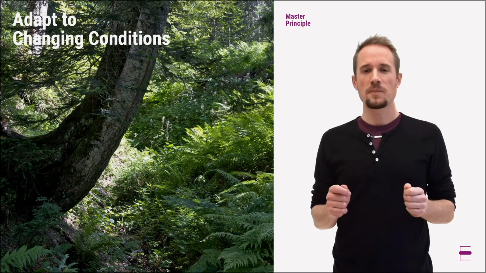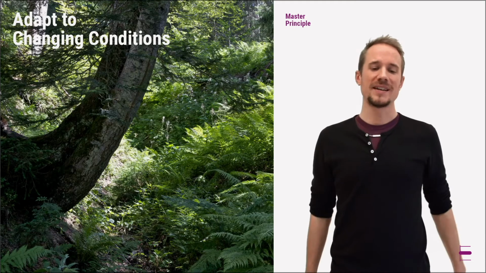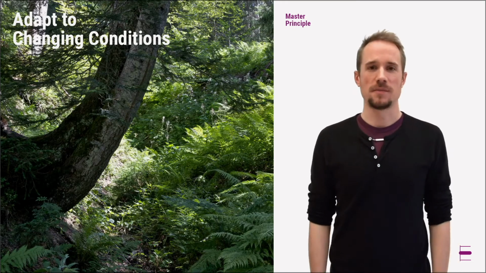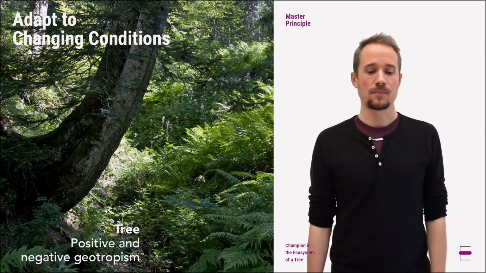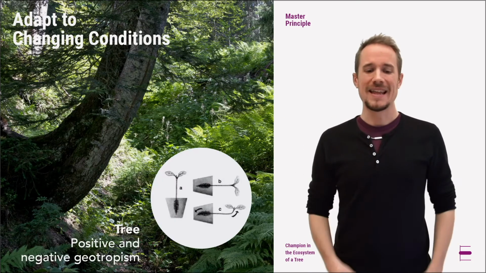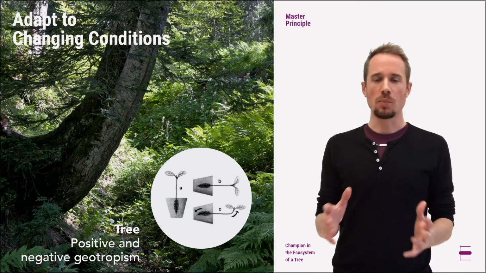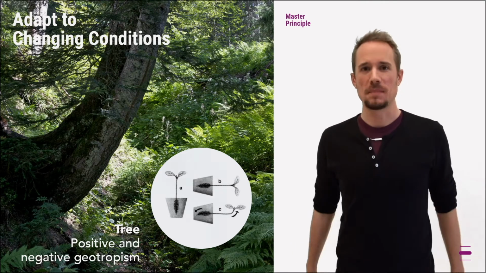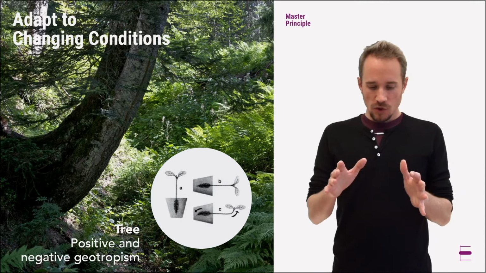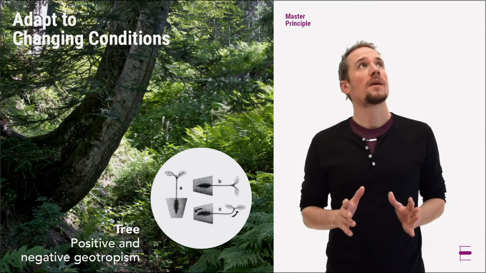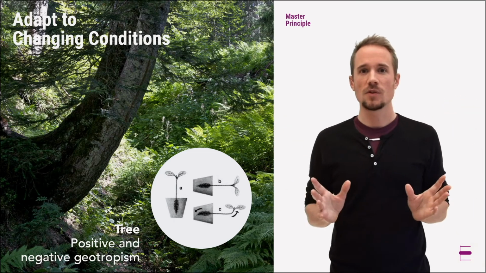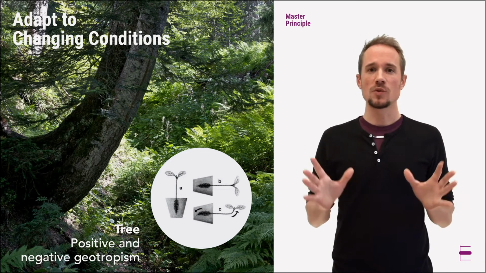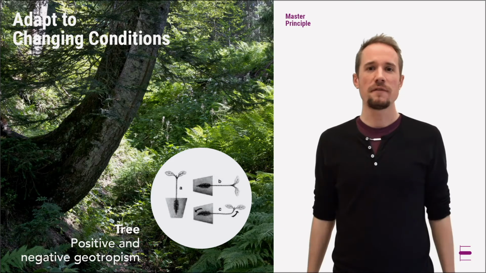So let's start with the master principle, adapt to changing conditions. We'll take the example of our tree and the positive and negative geotropism. What does that mean? So a tree, of course, wants to grow to the light. It wants to get as much light as it can so that it can use its process of photosynthesis effectively.